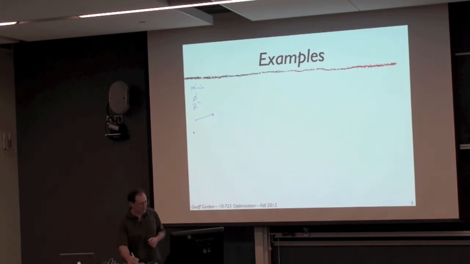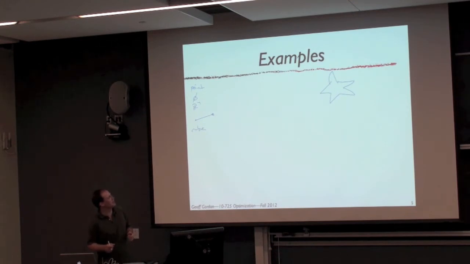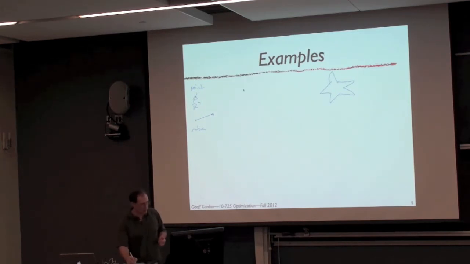How about a star shape? No. Okay, good. Looks like some cartoon character I've seen. Okay, so that's good enough. So these guys are over here, yes. These guys are over here, no.